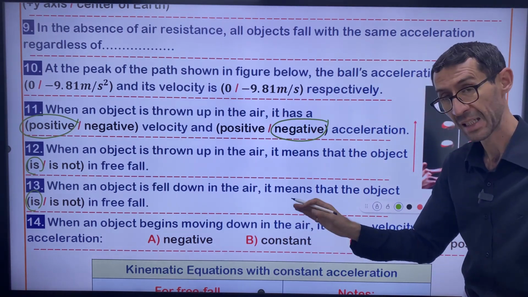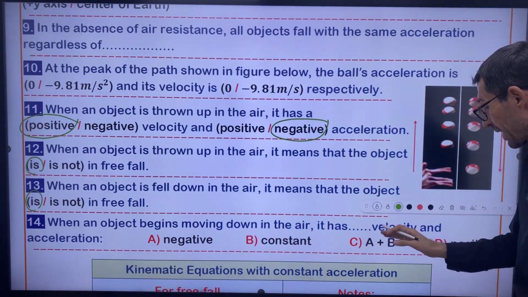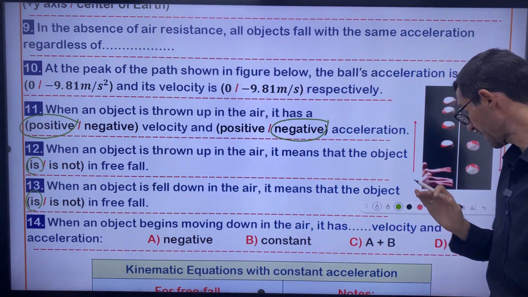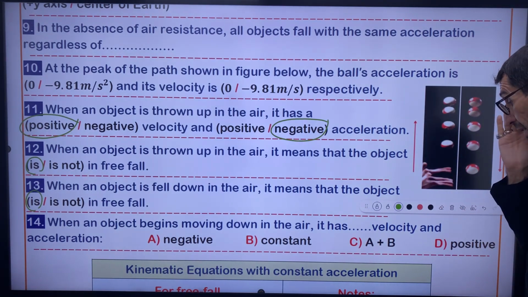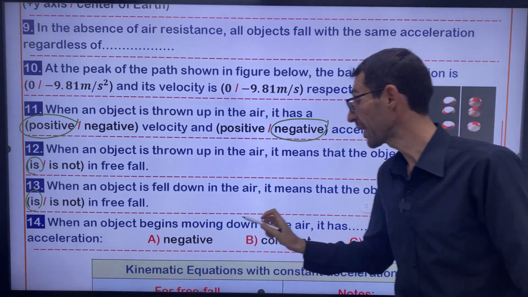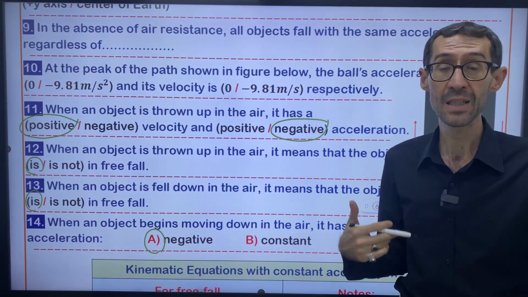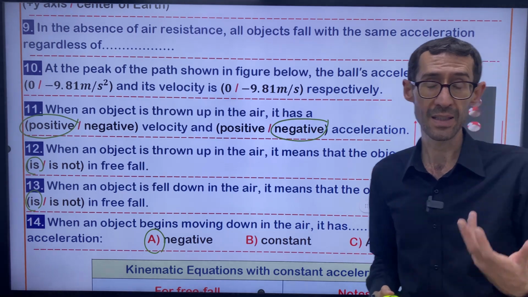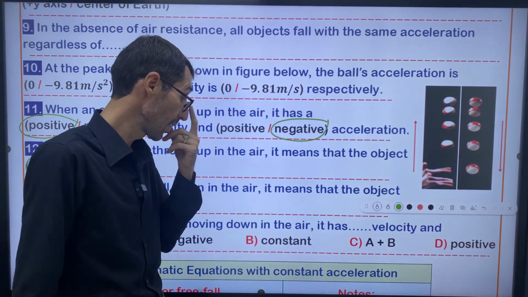A, negative velocity and acceleration; B, constant velocity and acceleration; C, A plus B means constant and negative velocity and acceleration; D, positive acceleration and velocity. Actually, only A is true, because acceleration is constant, but velocity does not become constant.